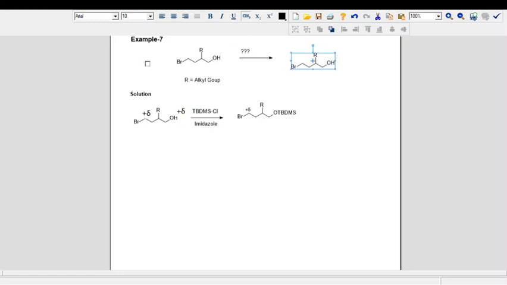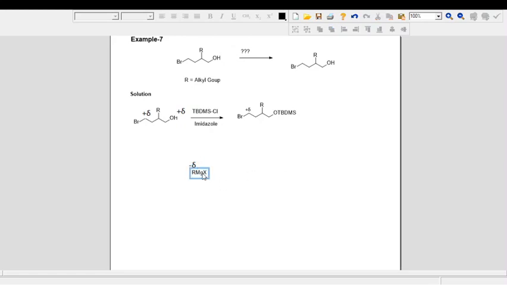Grignard reagent reacts with electron deficient molecules to undergo corresponding transformations. Here I am writing down the structure of Grignard reagent. As you could see here, the carbon atom in the Grignard reagent is electron rich.